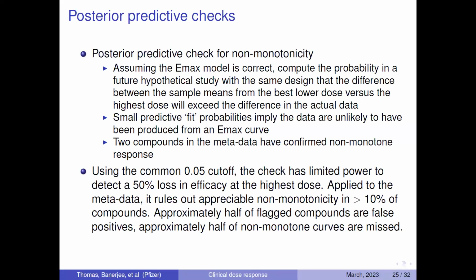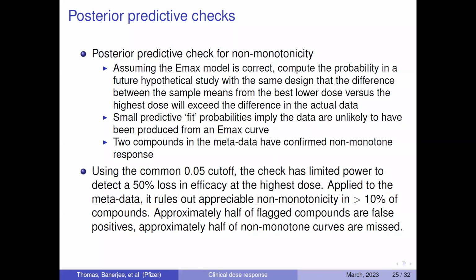So aside from graphical displays, the most common tool that we've used, being in the Bayesian context, is posterior predictive checks. And the one I'm going to focus on is one that's tuned towards finding non-monotonicity. The basic idea is that, assuming the Emax model is correct, so now we've got data for a new compound, or one of the compounds in the metadata for that matter, where we fit that Emax model.